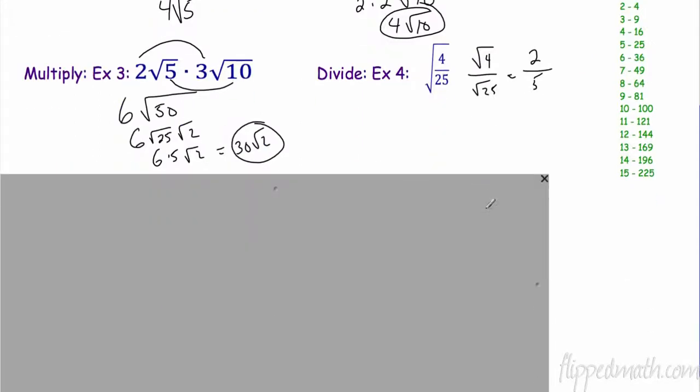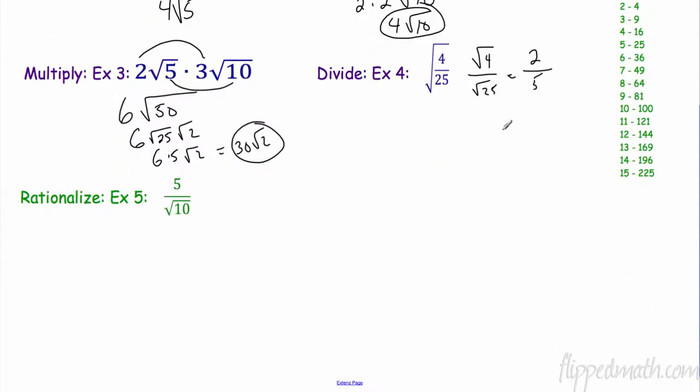Not too shabby. Now the one that's kind of tricky for people, it's rationalizing. See, 10, it's not like this one where the square root of 25 was a perfect square. 10's not a perfect square. So what I'm going to do is multiply. I'm going to take whatever's in this radical here and multiply the top and the bottom, because that's essentially the number 1, right? And I can multiply 1 by anything, it doesn't change anything.